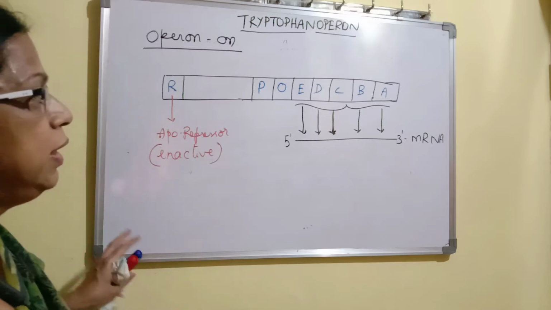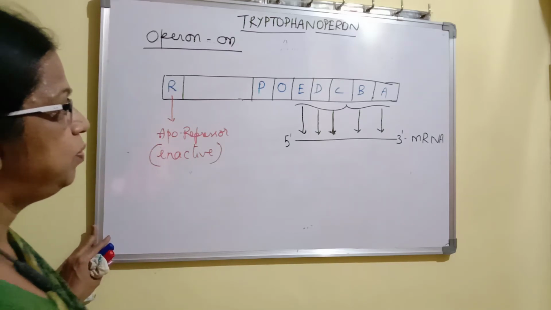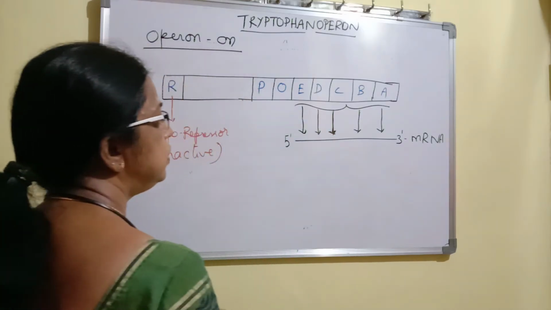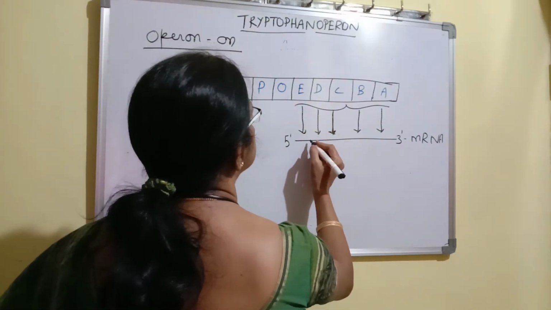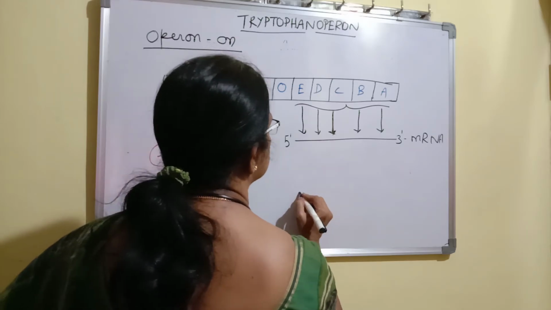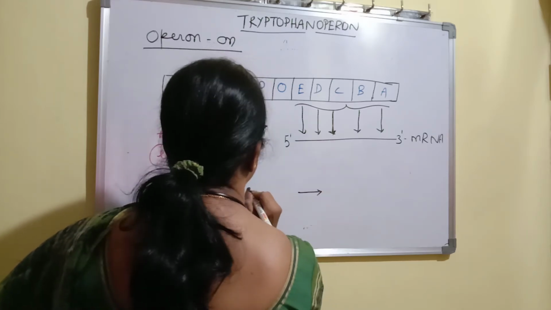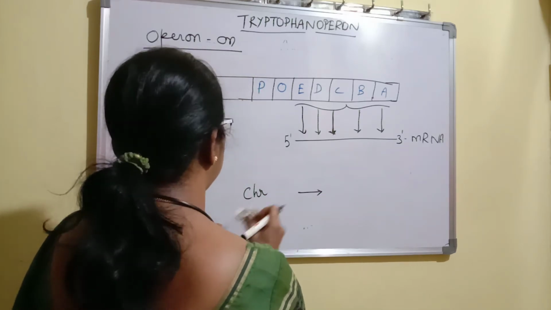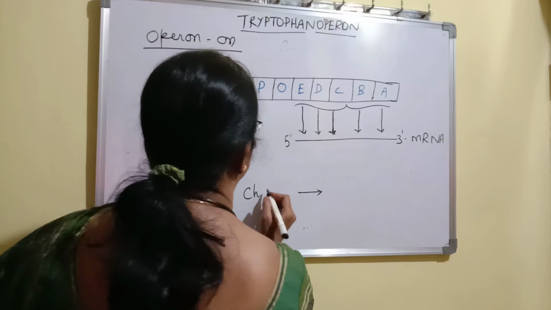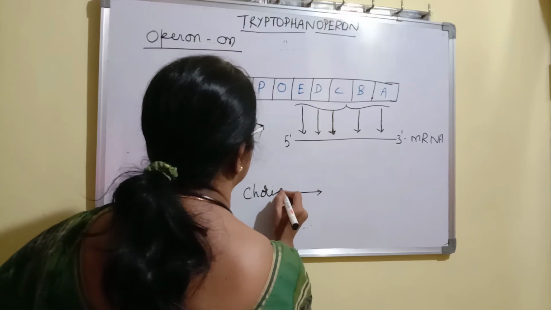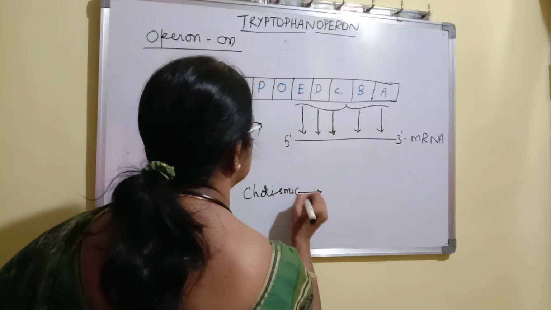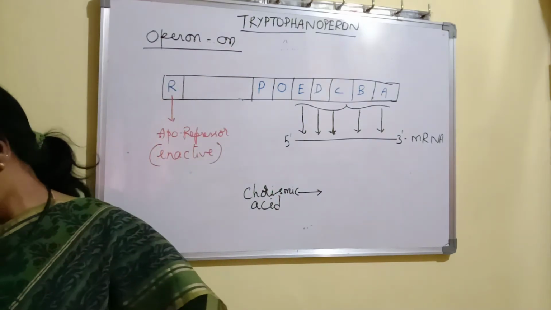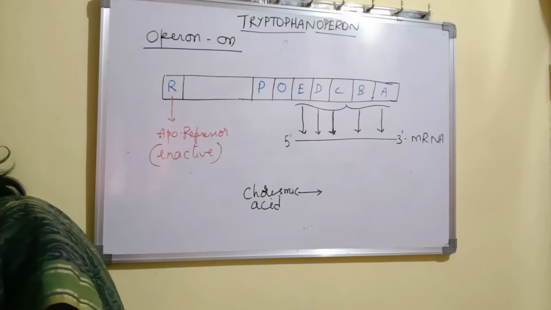Now this mRNA is going to produce different enzymes. This mRNA will produce different enzymes for synthesis. So here we can see the substrate for synthesis of tryptophan is called chorismic acid.